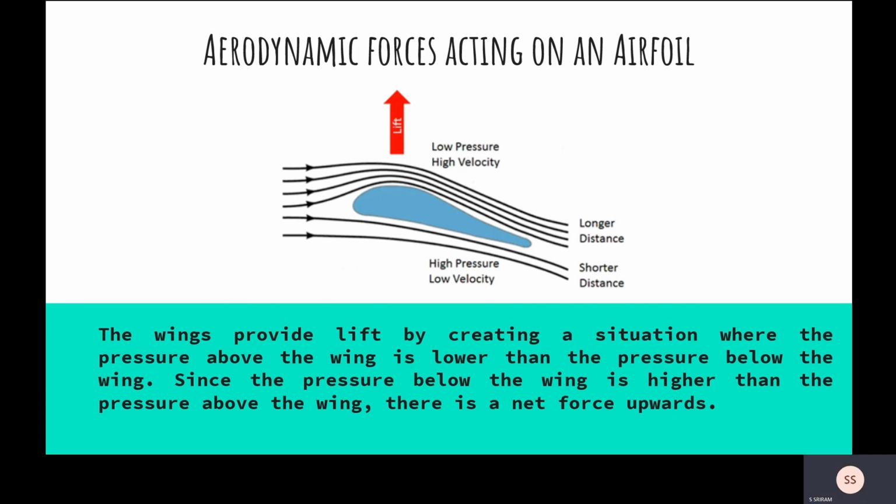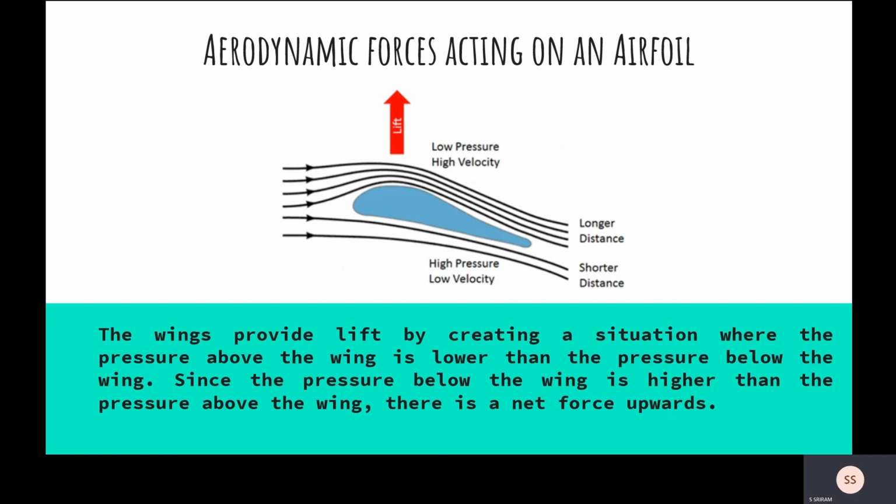When it travels a longer distance, it generates a low pressure region, and due to the low pressure region, you also get high velocity. And again, when the air passes through the bottom region of the airfoil, it travels at high pressure and at low velocity.